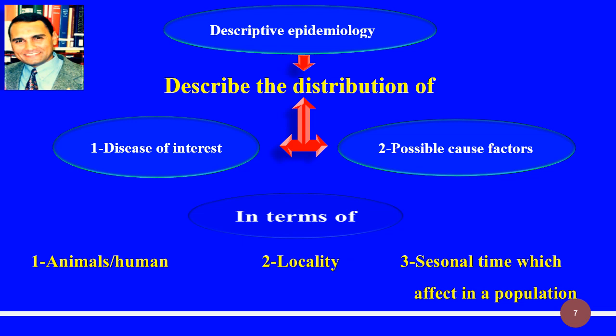Descriptive epidemiology usually describes the what, who, where, when, and why or how of a situation, whether it be a space shuttle launch, a house fire, or a farm infection.